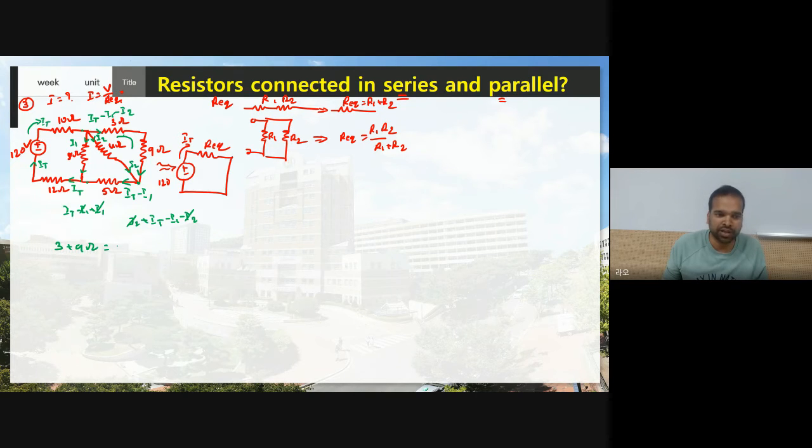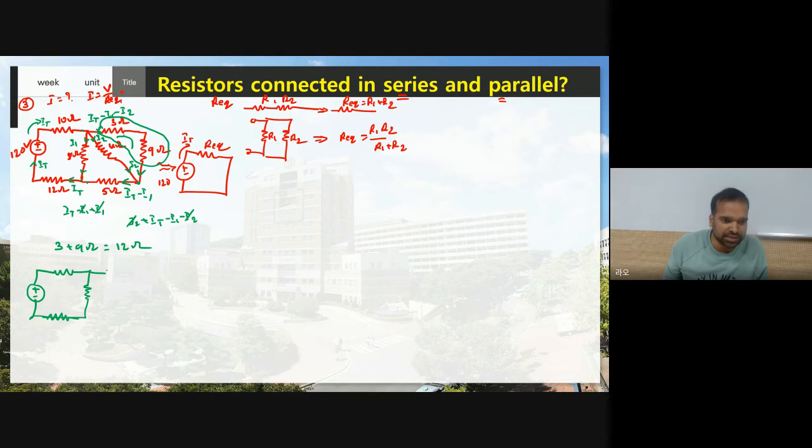Yes or no? Therefore this is 12 ohm. Now see, instead of this 3 ohm and 9 ohm resistor, can I replace them with a single resistor with the value of 12 ohm? Of course. Now you need to redraw the circuit. This is the voltage source and you have various resistors.